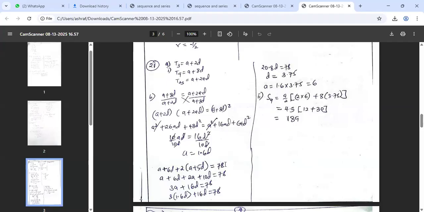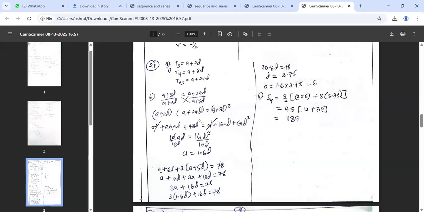Then, since we have two unknowns, we must have two simultaneous equations in order to get the values of the unknowns. So we're given a condition here that the sum of the seventh term and twice the sixth term is equal to 78.